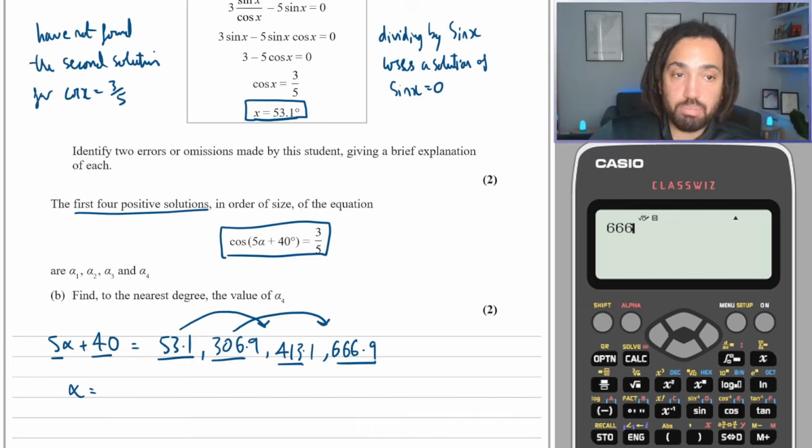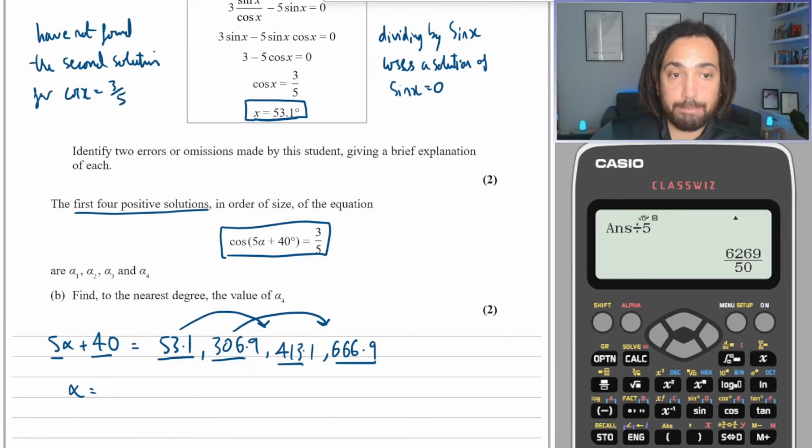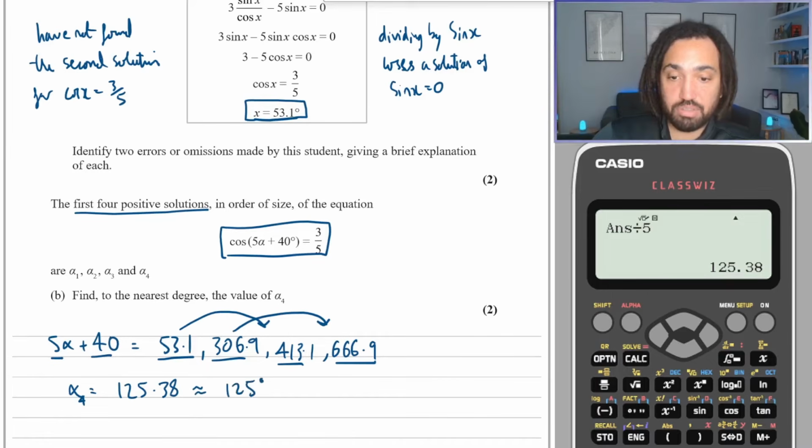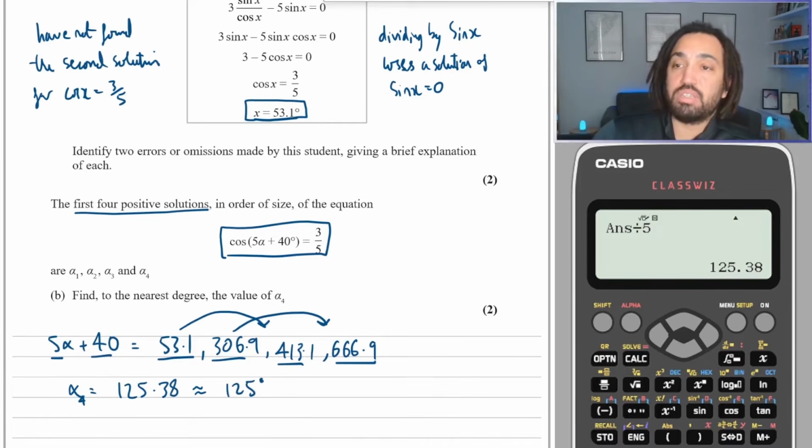So that's the only one I've been bothered to do, seeing as it's the one I need to find. So I'm going to take away 40, and then I'm going to divide through by 5. And that's going to tell me that alpha 4, the fourth term, is 125.38. So to the nearest degree is 125 degrees. Job done.